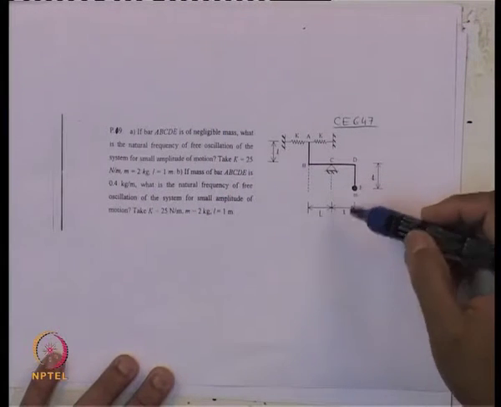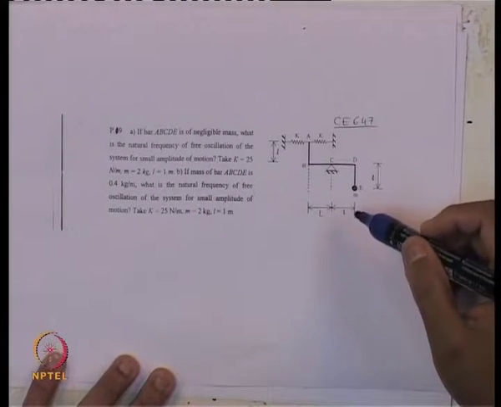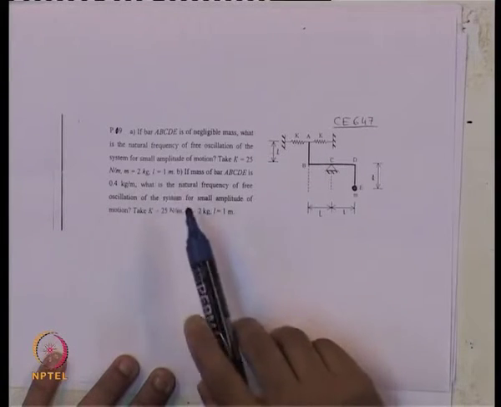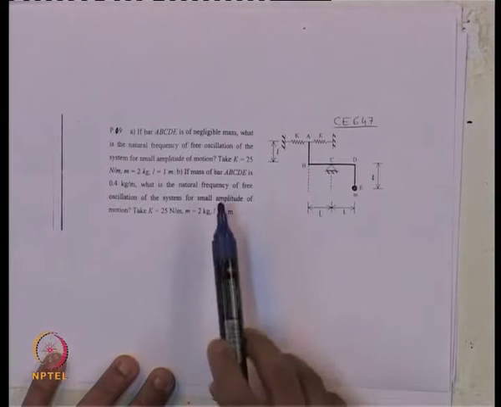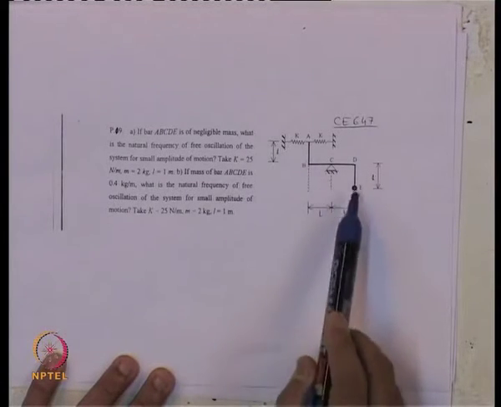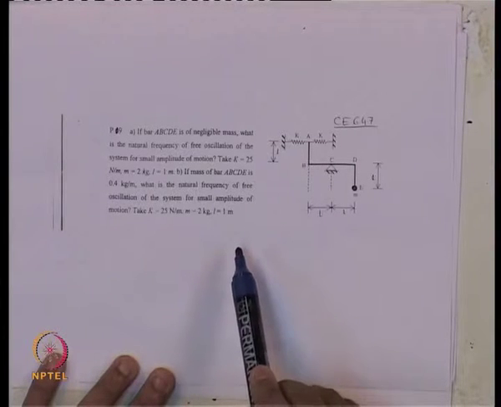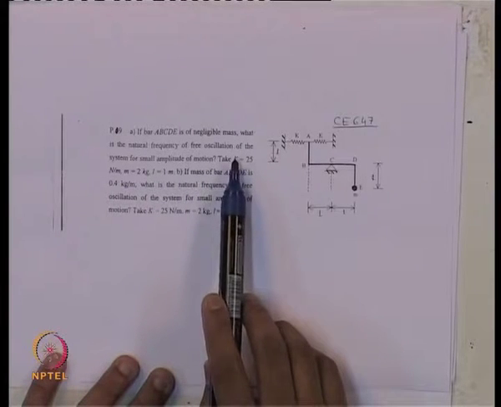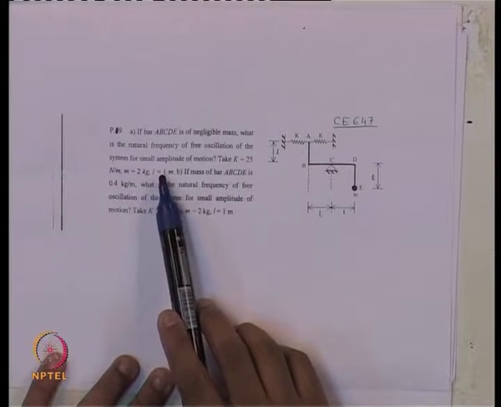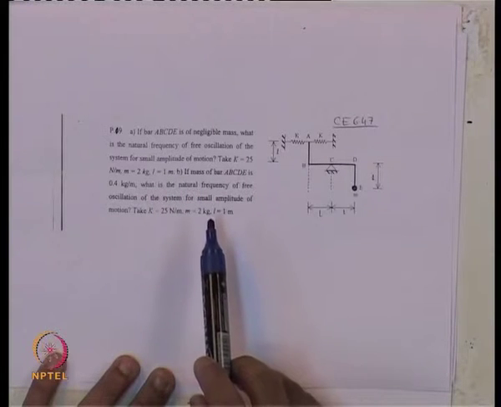Okay. Now, let us move to the next problem, problem number 9. Let us look at the problem. This is the picture. It says that if this bar A, B, C, D, E is of negligible mass, that is, no need to consider the mass of this bar, what is the natural frequency of free oscillation of the system for a small amplitude of motion?